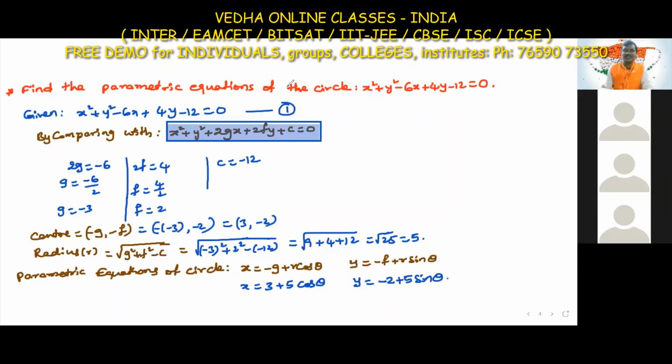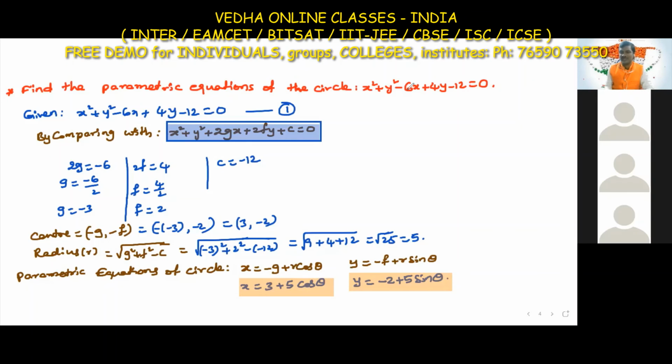So these are the parametric equations of the circle. What is the final answer here? x is equal to 3 plus 5 cos theta, y is equal to minus 2 plus 5 sin theta. So this is the formula for the parametric equation.